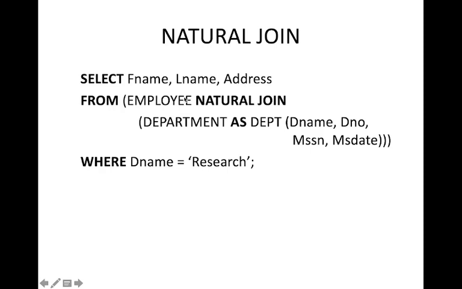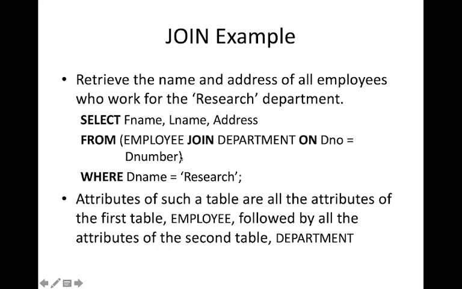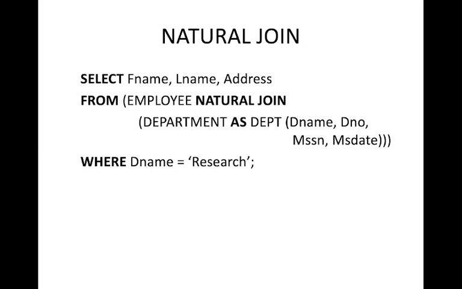The only thing here is that we have specified the department number equal to D number. We are specifying that condition. In natural join, we won't specify the condition. If you remember, when you learned relational algebra, we said that we won't be specifying the condition in natural join.